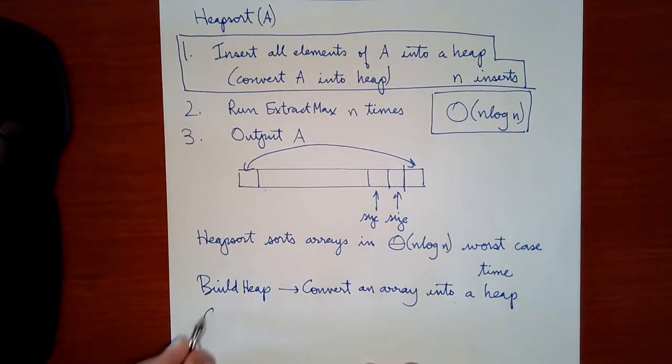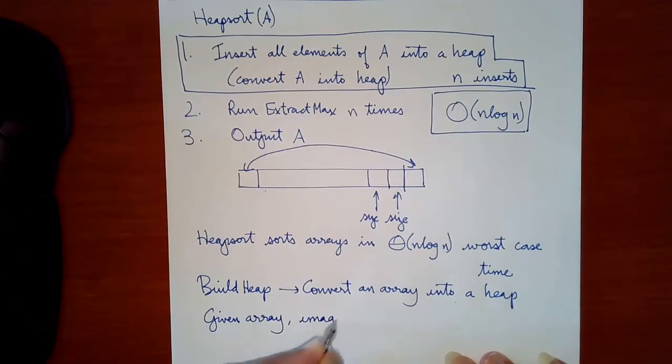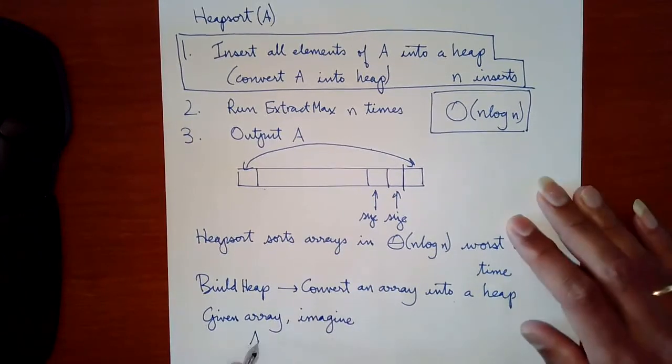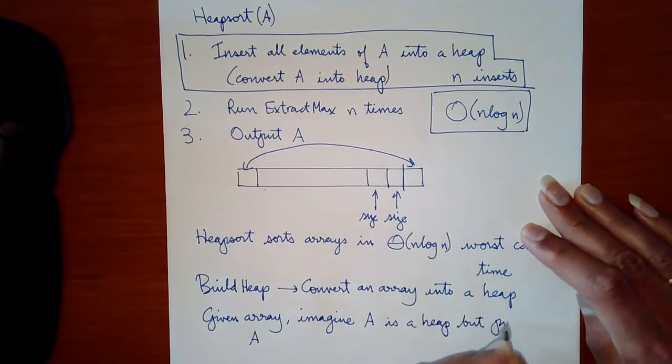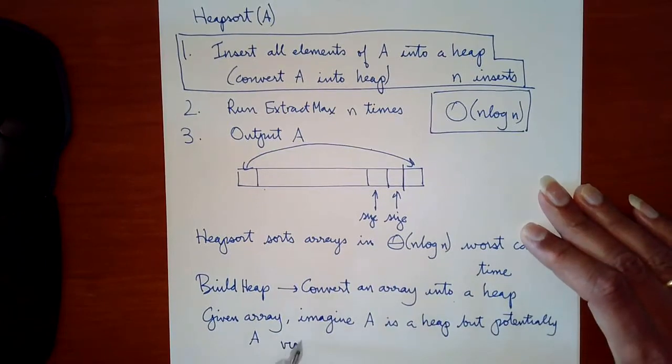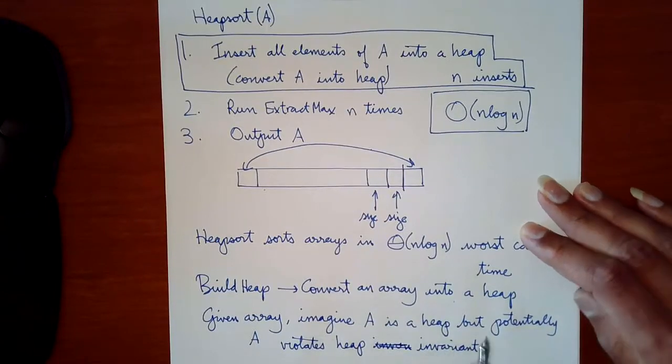So what you could do is, given any array A, imagine A is a heap, but potentially violates the heap invariant everywhere.